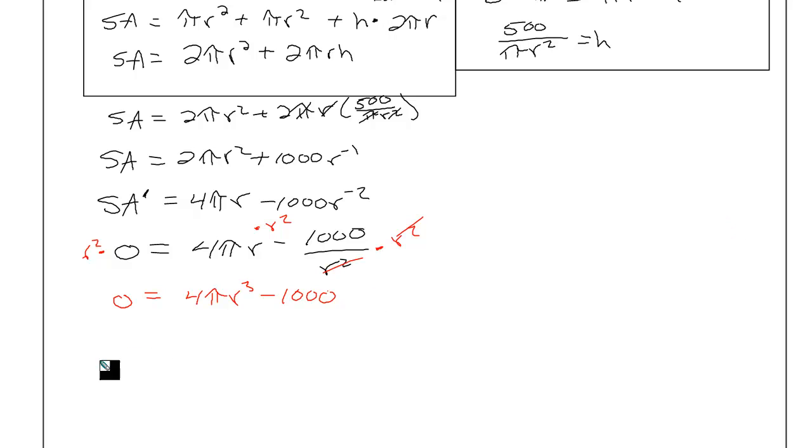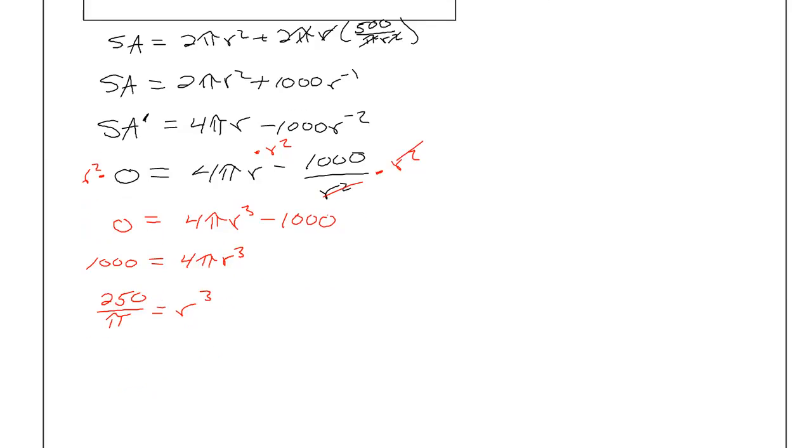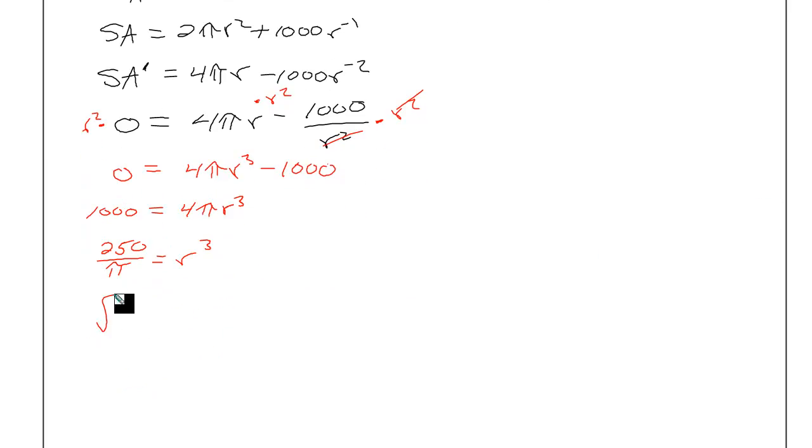Trying to get r by itself, if I add 1,000 to both sides, divide both sides by 4 pi, 1,000 divided by 4 is 250. 250 divided by pi is irrational. I wrote this wrong, this should be r cubed. And I cube root both sides.